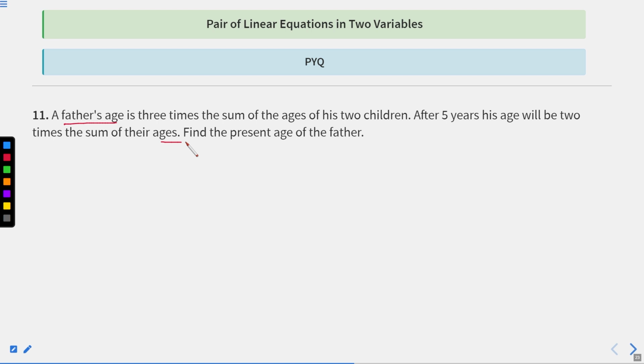Here we have to find the present age of the father. So here we have two pieces of information. The first is that the father's age is 3 times the sum of the ages of the 2 children, and the second is that after 5 years, his age will be 2 times the sum of their ages. Okay, so let us solve.